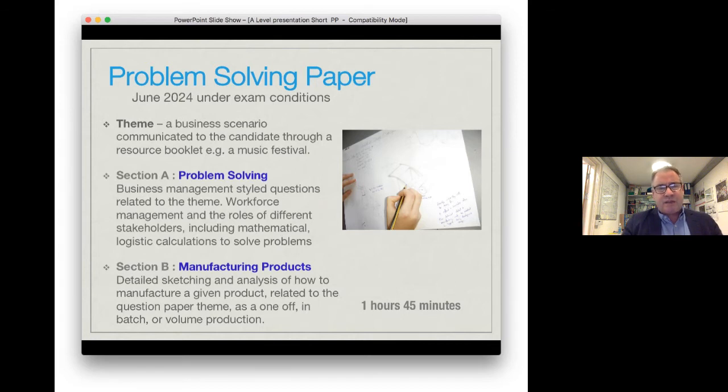You have to take into account all of the different stakeholders involved in the scenario that you're given.